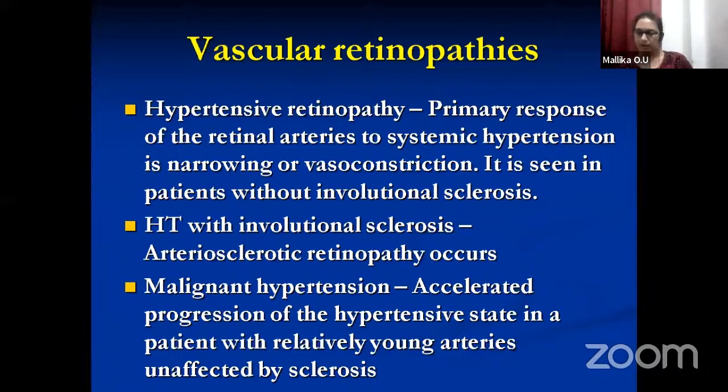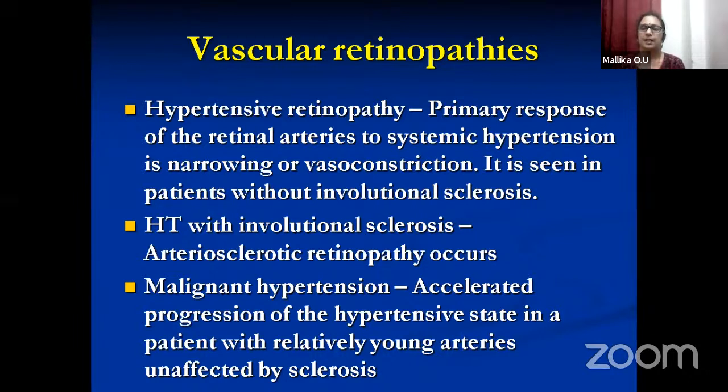Now we come to the diseases as such. The two important systemic diseases that involve the retina are hypertensive retinopathy and diabetic retinopathy. Hypertensive retinopathy is not that important compared to diabetic retinopathy.